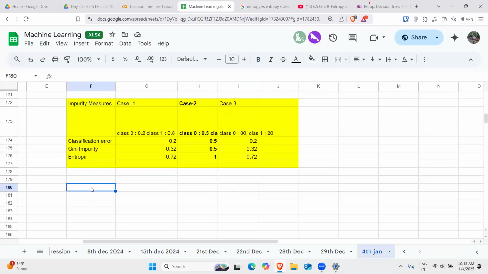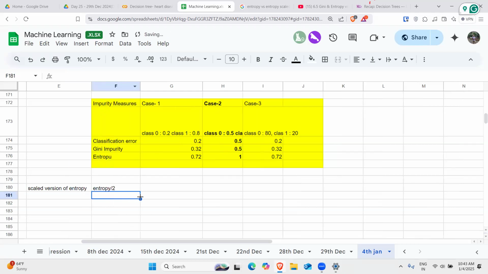The scaled version of entropy is an illustration, nothing but entropy divided by 2. It has been used to emphasize that the Gini index is an intermediate measure between the entropy and the classification error. In practice, misclassification error does not perform well.